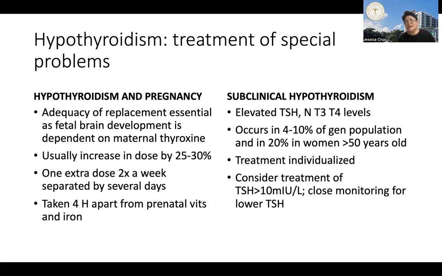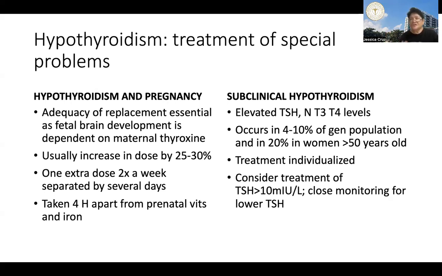Now, for subclinical hypothyroidism, these are essentially asymptomatic individuals, and their thyroid hormones are in the normal range, but you will observe an elevated TSH. So ibig sabihin, nagko-compensate pa yung thyroid gland. So this is more common in women over 50 years old.